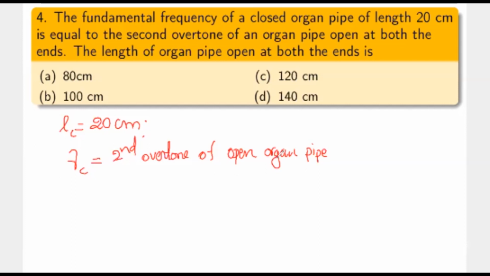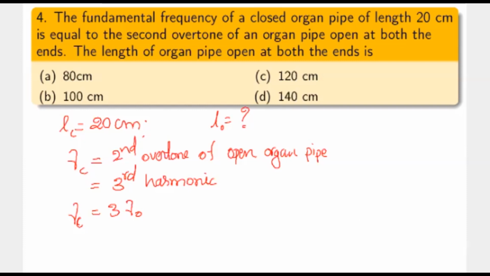So in an open pipe, second overtone means it is the third harmonic, because all the harmonics are present. It can be written as 3 times nu naught. The fundamental frequency in a closed pipe is equal to 3 times the fundamental frequency in an open organ pipe. What is the length of the organ pipe open at both the ends, L0?